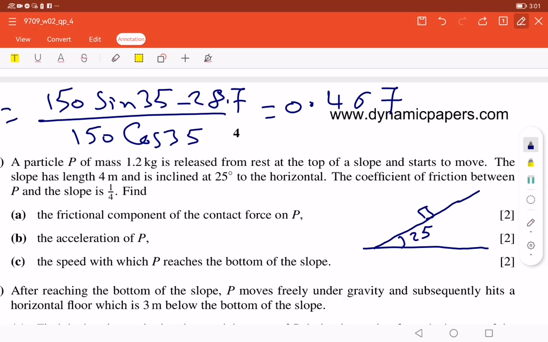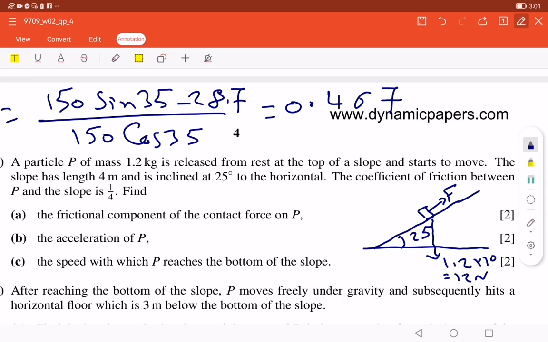The force is upward, and the weight is 1.2 multiplied by 10, which is equal to 12 Newton. It's okay. Look here, the particle P of mass 1.2 is released from rest.